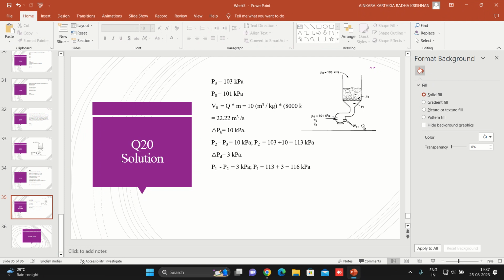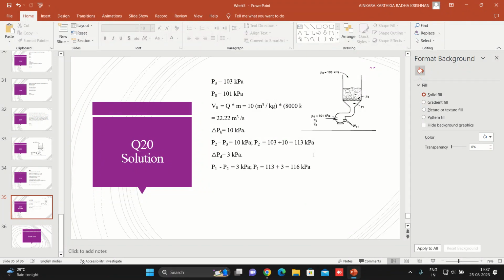So to identify the exit pressure of the compressor, we know the bed exit pressure, the bed pressure drop, and the distributor pressure drop.